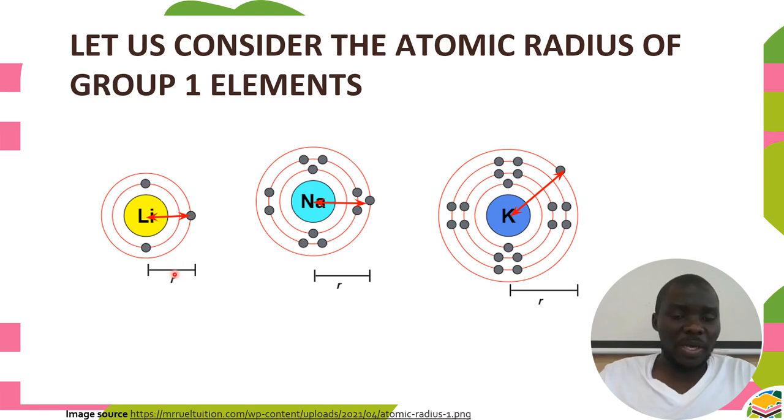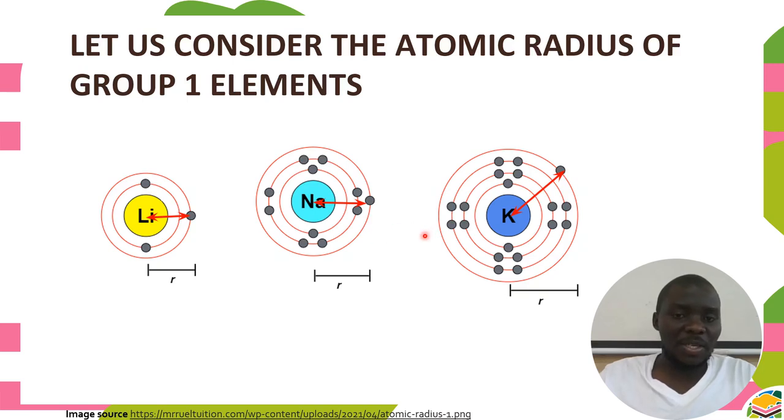So this is what we were saying. If you check here, we have 2 electrons inside and 1 electron in the outermost energy level. As you look properly, this one has 3 electrons, and it means inside the nucleus there are also 3 protons. If we go down here, you are going to see that the number of energy levels has been extended due to the increase in the number of electrons.